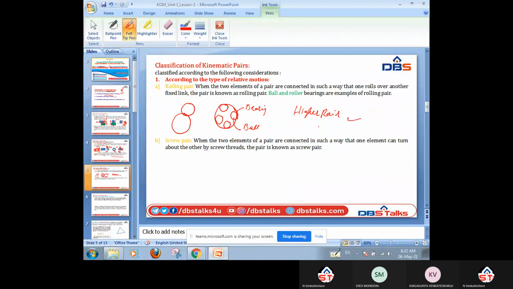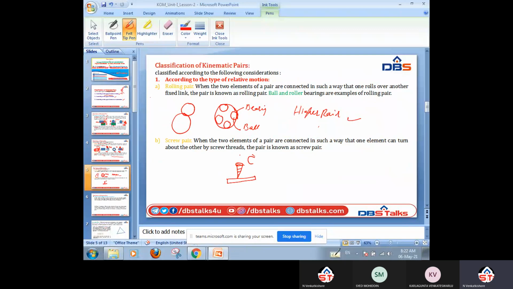Next, screw pair. A screw pair is when two elements are in contact. Suppose we take a plate or a bench, and we are inserting a screw. How is the screw transmitted?